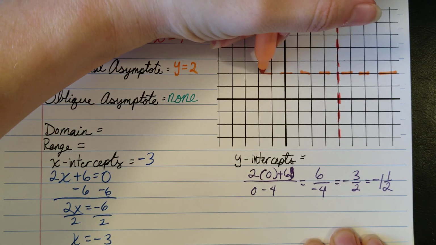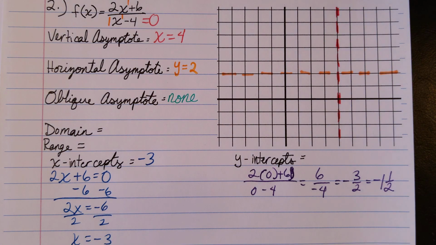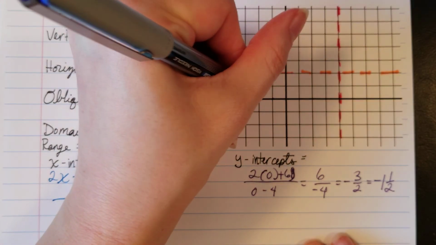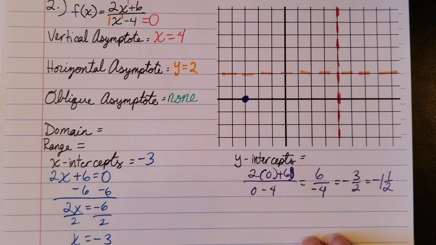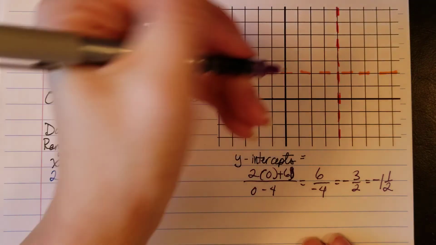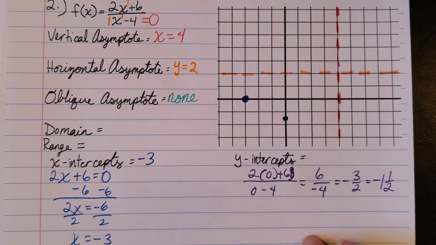It has that screechy marker sound though. Okay, what else we got? We got x-intercept at negative 3. We got y-intercept at negative 1.5. All right, so everything looks good.